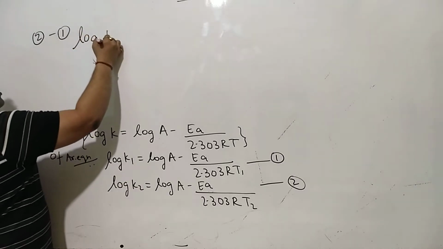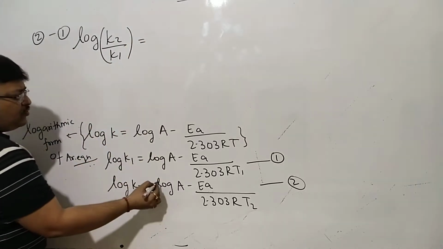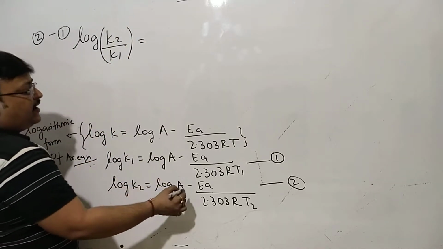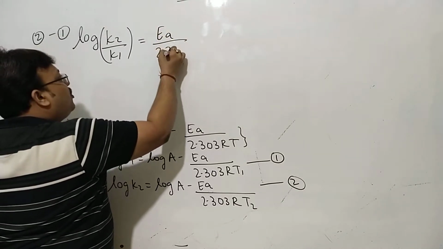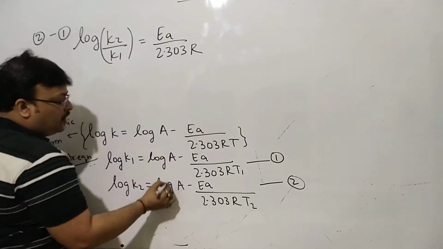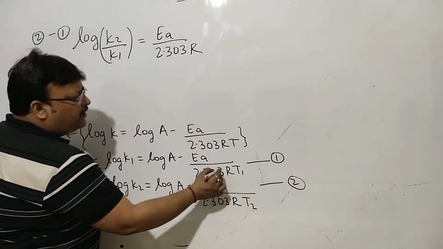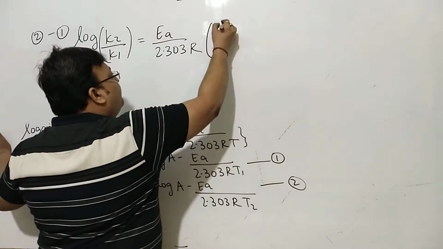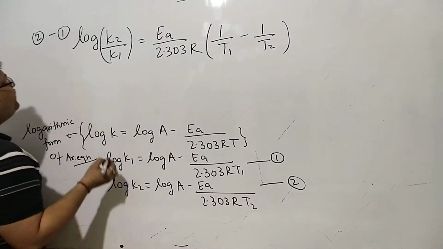So this will give me log K2 by K1 is equal to, naturally log A will get cancelled, and E upon 2.303R could be taken common. Because it's 2 minus 1, the term involving T1 will be positive and the term involving T2 will be negative.